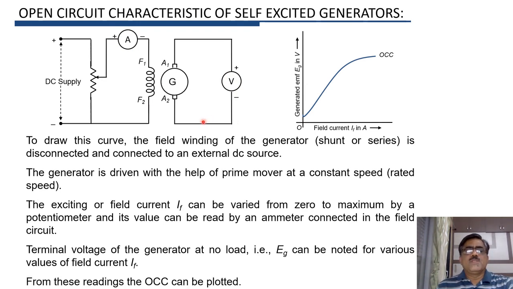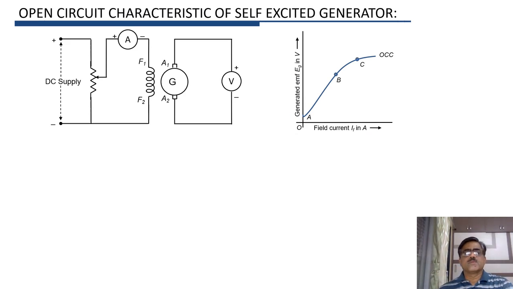Now with the help of these readings, we can plot the open circuit characteristic. This open circuit characteristic is the curve between generated EMF EG and field current IF. The shape of the open circuit characteristic of a self-excited generator is similar to that of a separately excited generator.